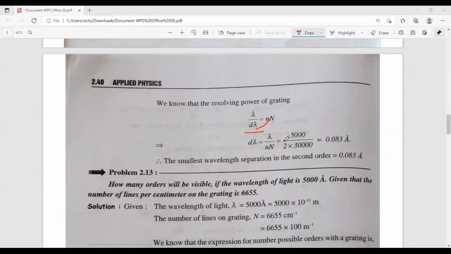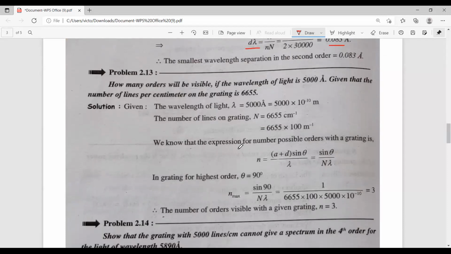Now substitute here. Finally, we get the separation between the wavelengths, d lambda, equal to 0.083 angstroms. So this is the separation between the two wavelengths in second order.